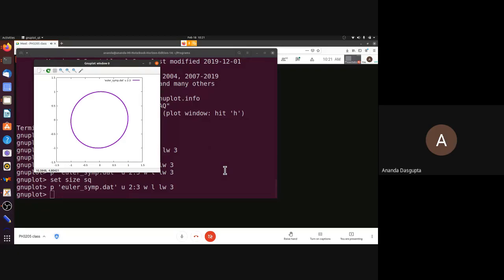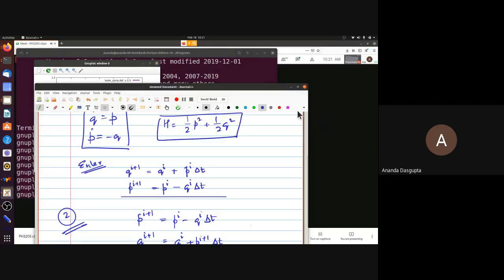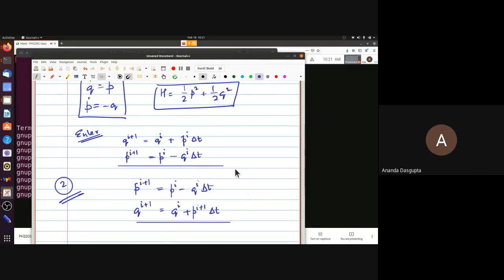What should the graph really be? What is the exact graph for this problem? For this problem, Q dot equal to P, P dot equal to minus Q. A graph between P and Q, what should it show up as?